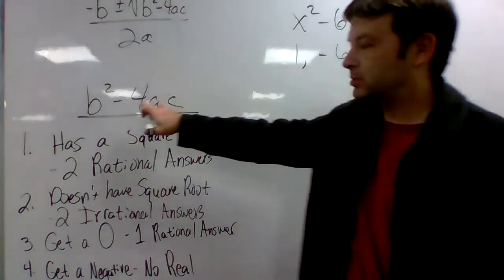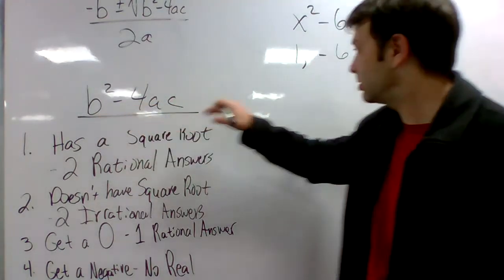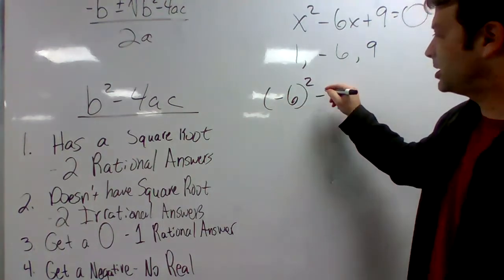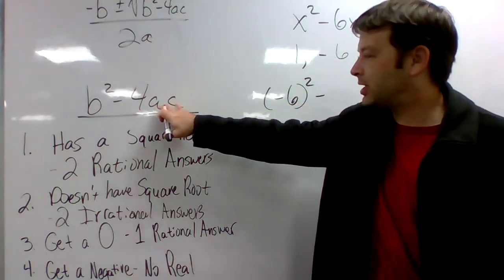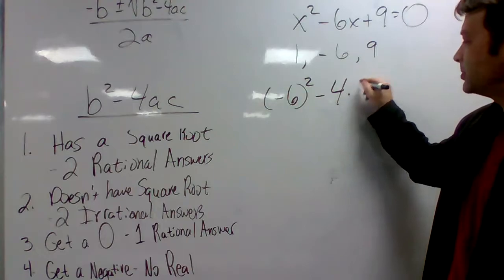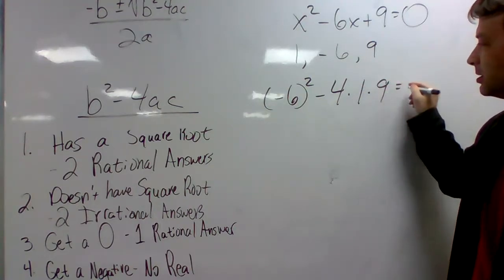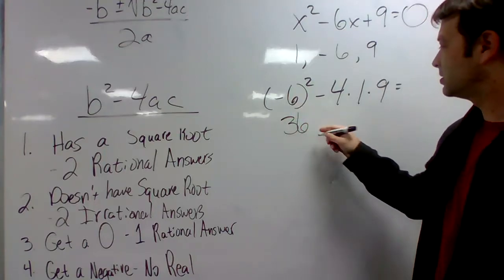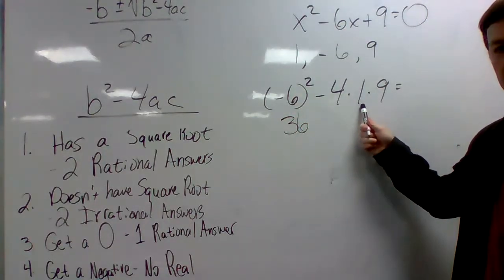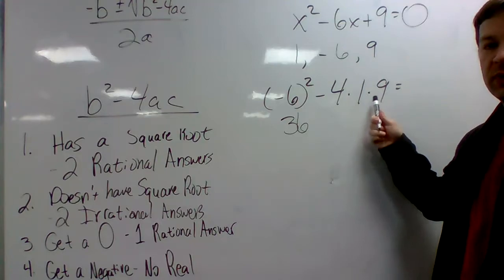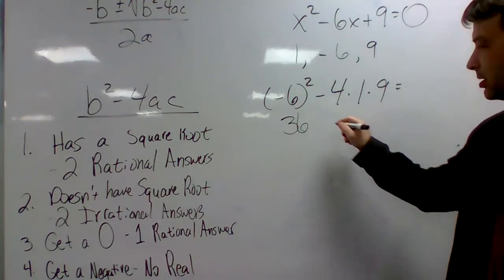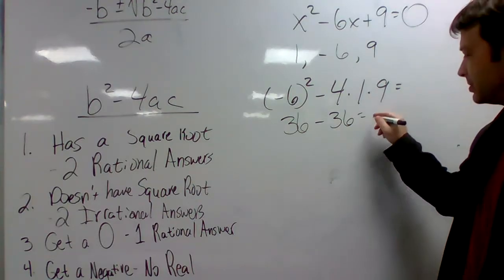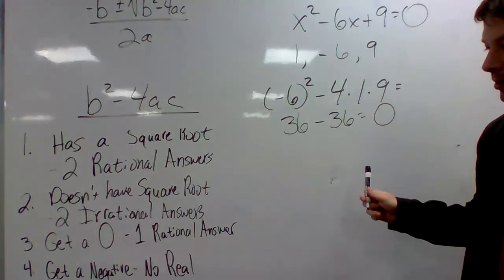Okay, so here I go. The discriminant: b squared, -6 squared, minus 4 times a times c. -6 squared is 36. What's 4 times 1 times 9? 4 times 1 is 4, 4 times 9 is 36. 36 minus 36 is 0.